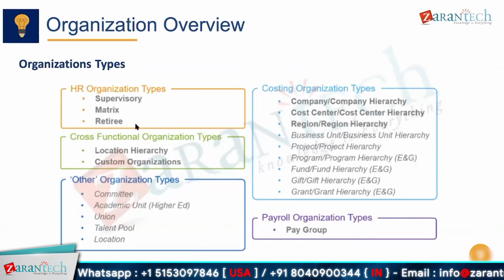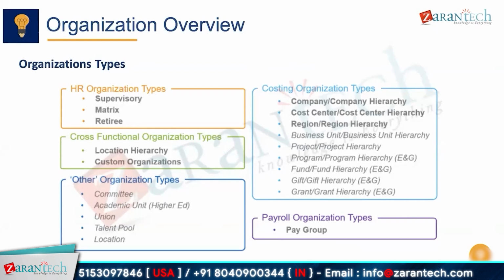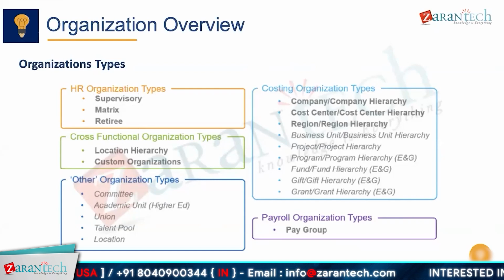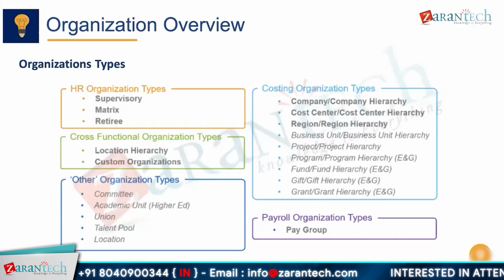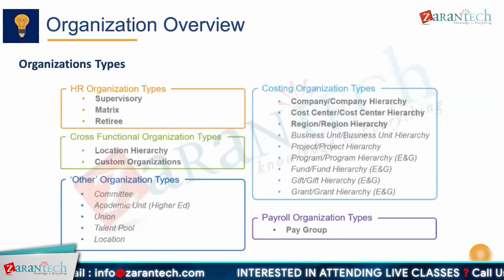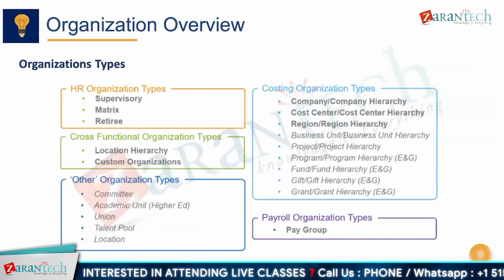What's the purpose of a matrix organization? Let's say there is a person, or maybe more than one person, who has multiple roles in an organization. A lot of times organizations have one person reporting to two departments or two managers due to their specific roles.